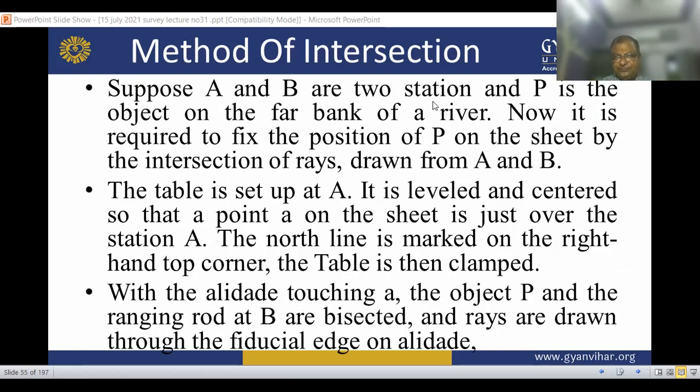Suppose A and B are two stations and P is the object on the far bank of a river.